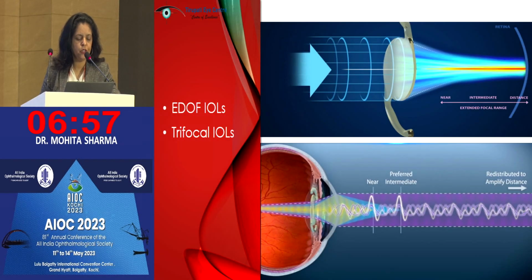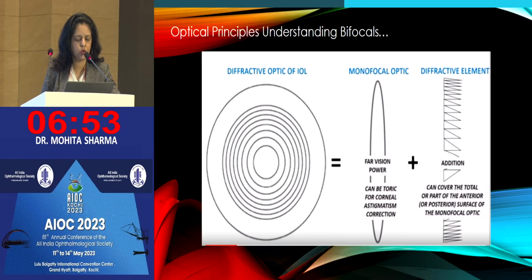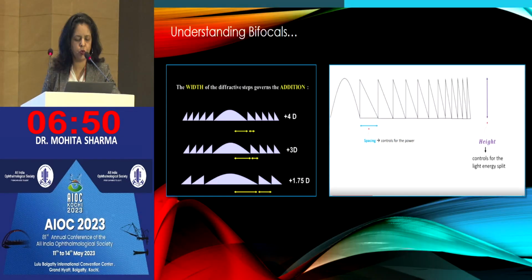So already we talked a lot about EDOF and trifocal lenses and their principles. So I think I can almost skip through these. And as Dr. Deshita said, now these trifocal lenses have principles in which the steps are responsible for the different features of the IOLs. This is done by altering the step width as well as step height, and as we alter these, we can have different focal points for different lenses.